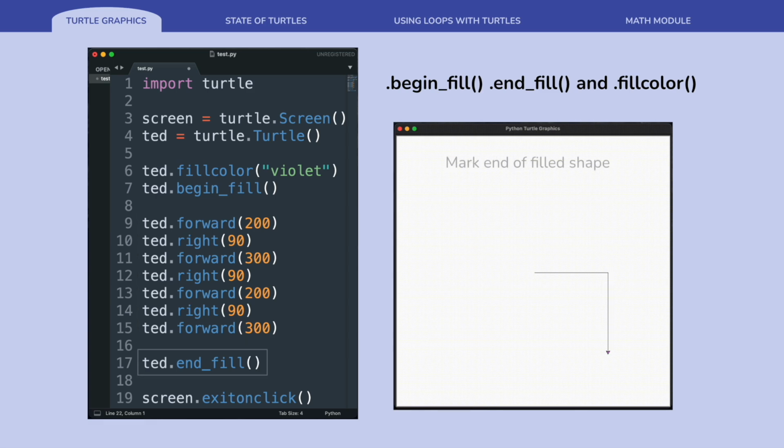Then down here on line 17, after that shape is finished being drawn, I say ted.end_fill, no argument, and this is what will indicate that my shape is finished being drawn and will fill in the space with the color I chose, which is violet. So you can see that kind of happen right at the end there, that shape gets filled up with the violet color.